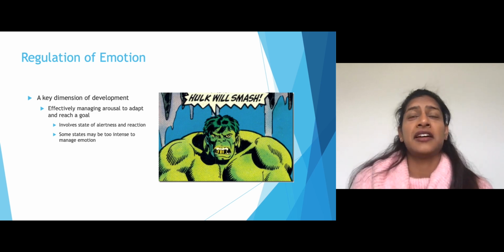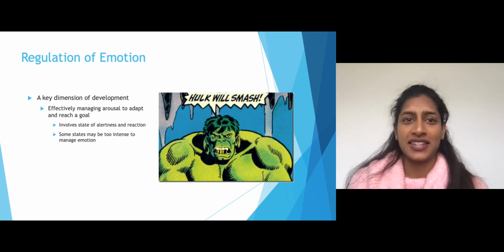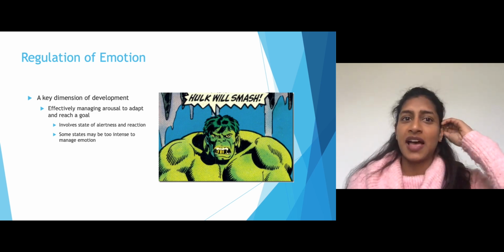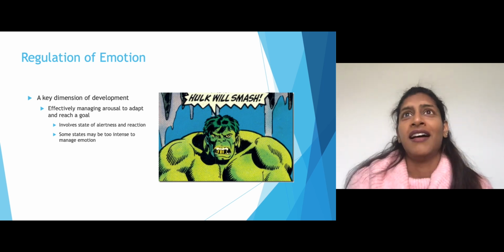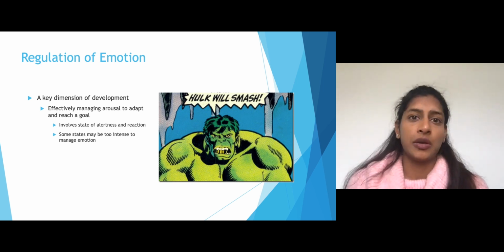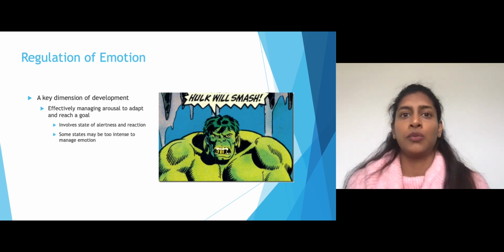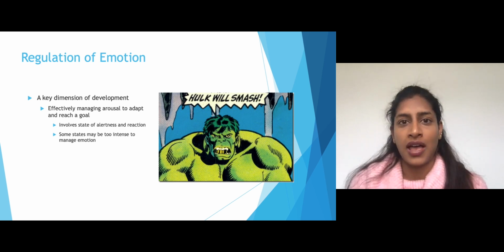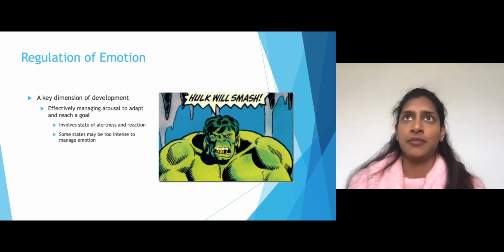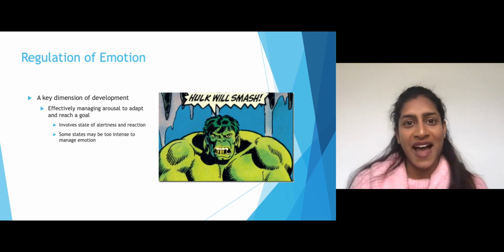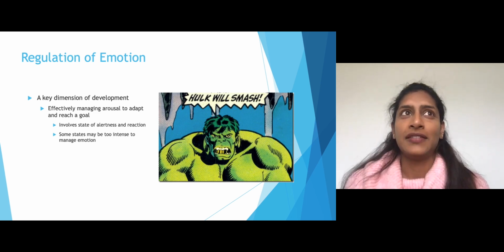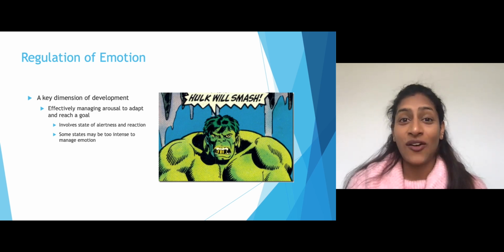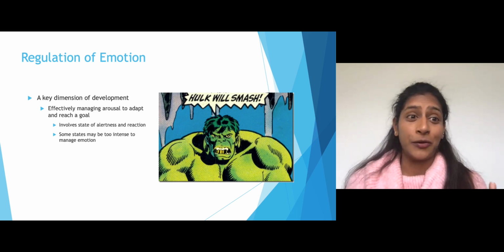In fact, some of the ways that we responded to being upset when we were younger would definitely not be socially appropriate when we're older. So when we're younger, somebody takes your toy away, you go over to them, you scream "mine," and you take it back from them. If we did something like that as an adult, that would probably be a little bit weird.